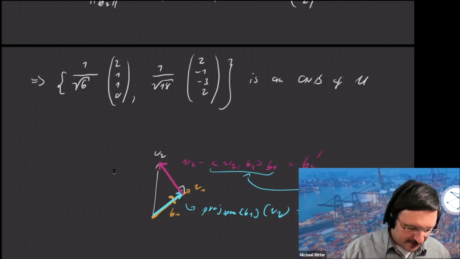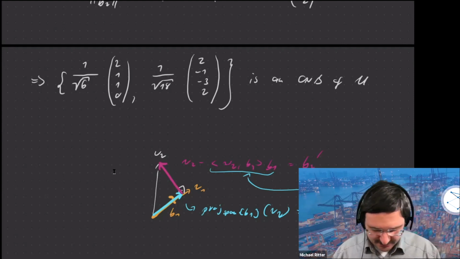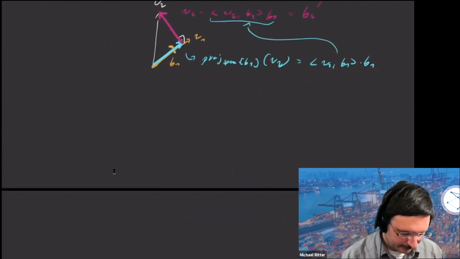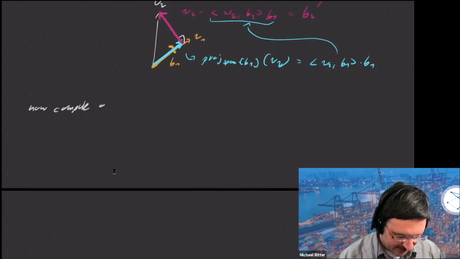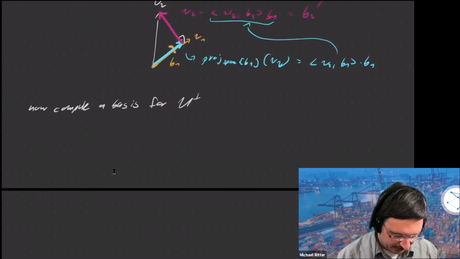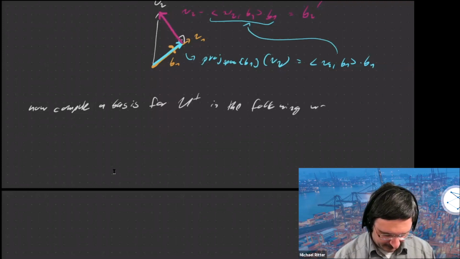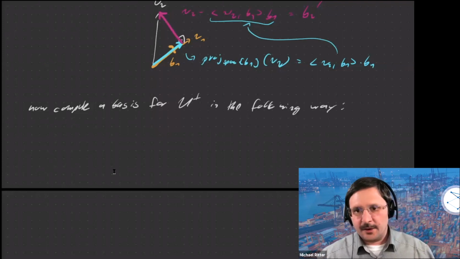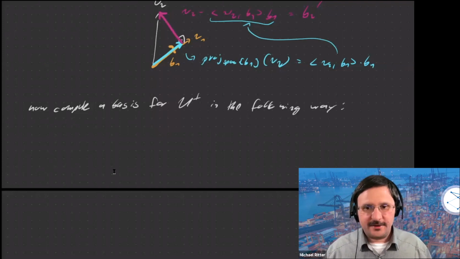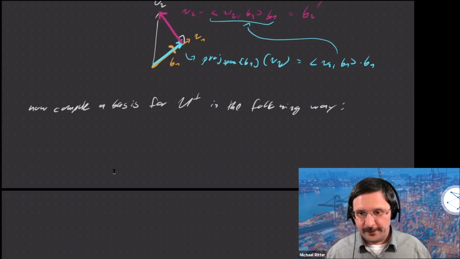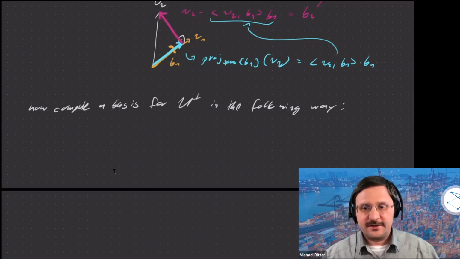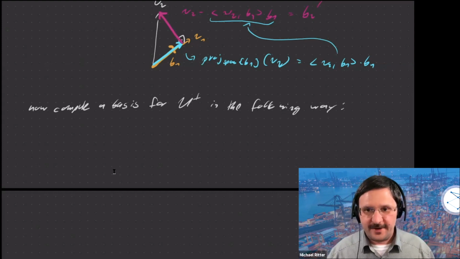So then let's go on with the orthogonal space to U. So now we compute a basis for U ortho. And we do this in the following way. We start with the basis of the whole space, R4, that includes the vectors for U that we have already found.